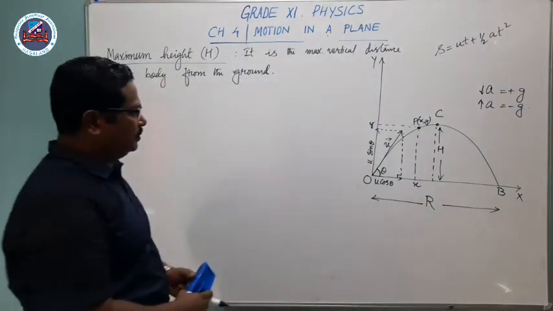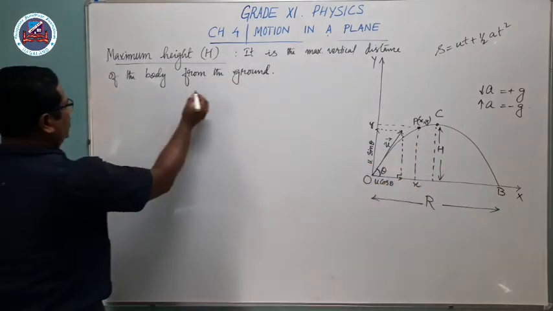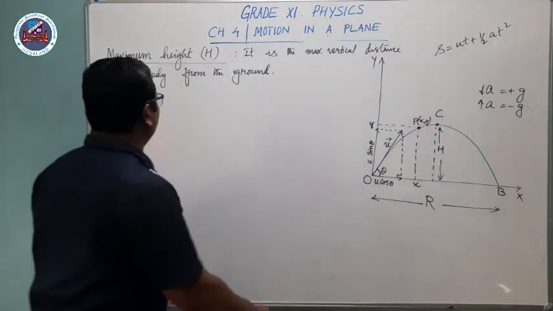Maximum vertical distance. To find this vertical distance, we'll have to take the motion along the y-axis.